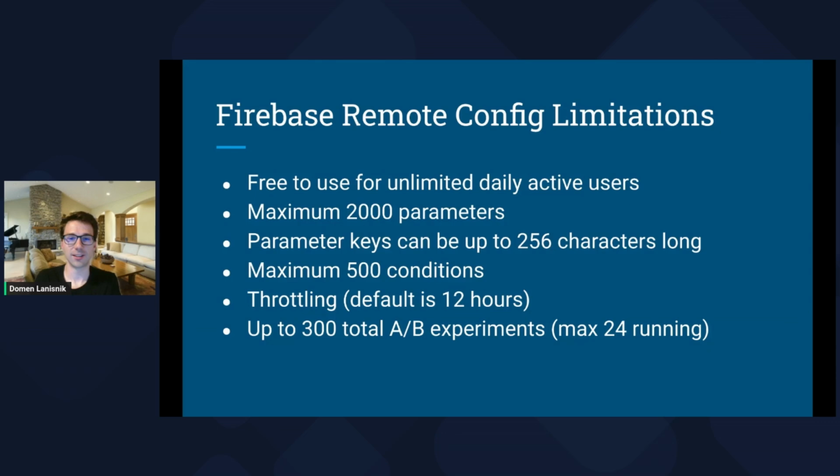These are limitations, but if you're starting out, it's very unlikely that you will hit them. And if you do hit these limitations, then you can start considering some other alternative, like a self-hosted service or finding other providers.